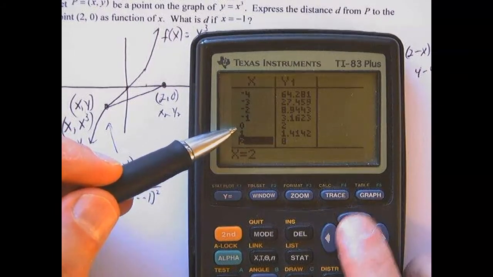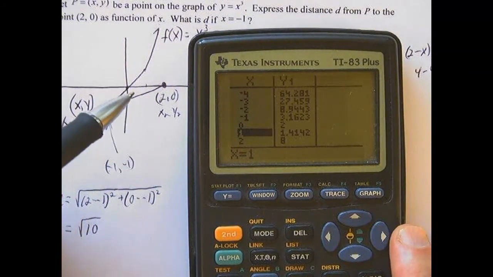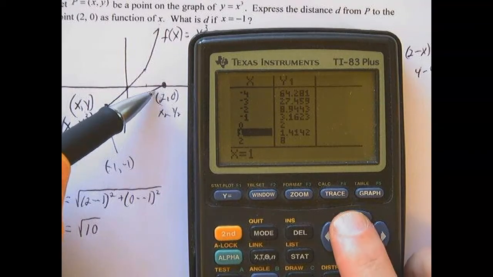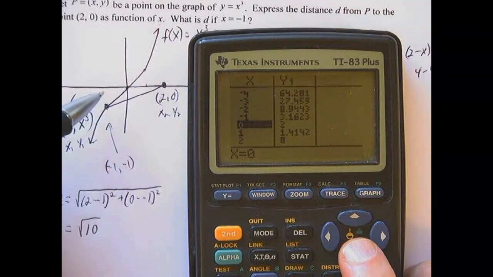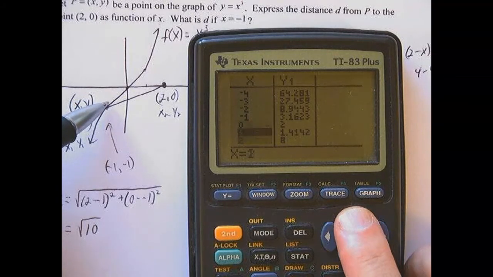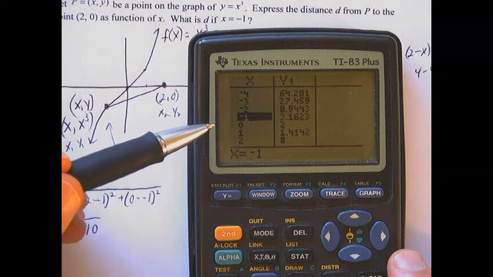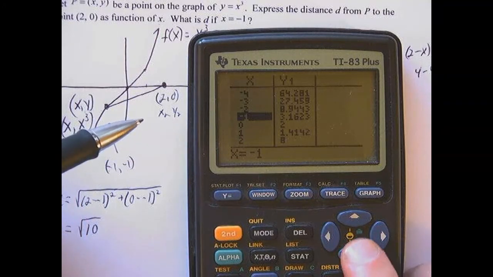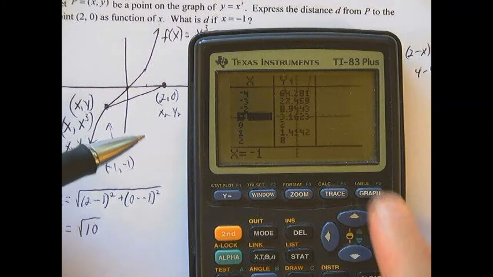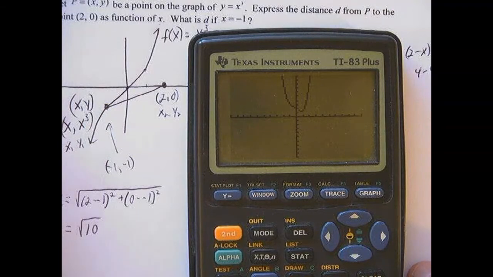So if x were 0, the distance from this point to this point would be 2, right? If x were -1, we just found it to be the square root of 10. So this value right here, if you take the square root of 10, that's what you're going to get: 3.16, that's the distance. Notice all of these are positive because we're talking about distance.